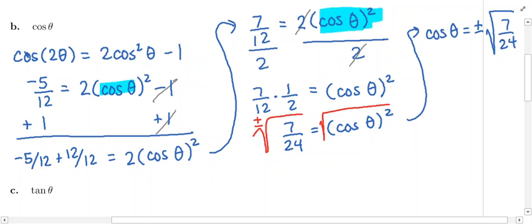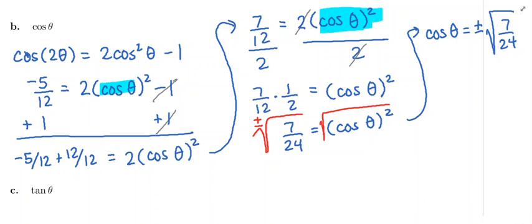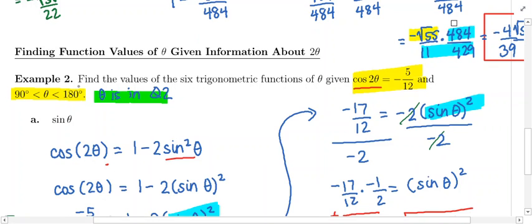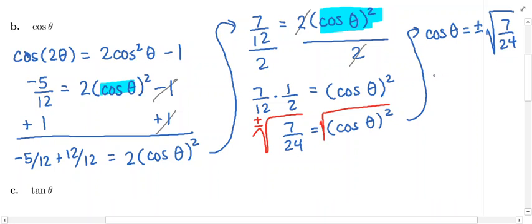It can't be both positive and negative. So you've got to pick a sign for the cosine of theta. We said, I've got it highlighted in green, theta lives in quadrant 2. In quadrant 2, the cosine is negative, so you need to pick the negative version. So the cosine of theta is negative square root of 7 over 24.